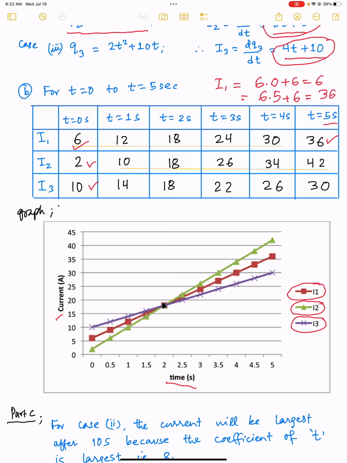For I1, the first point when t equals 0 is 6, somewhere here, and 12 somewhere here, and so on. For t equals 2 seconds, all the graphs intersect at this point, with a current of 18 amperes. This is how you can plot the graph.